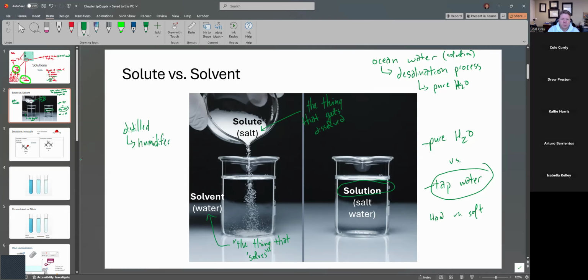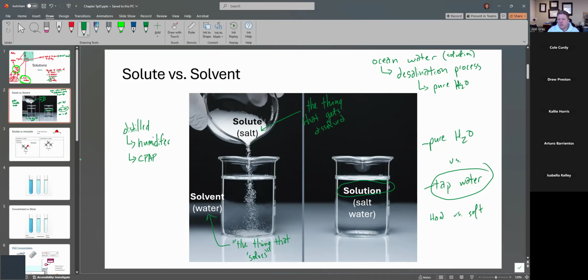I have a little kid, so we have a humidifier that goes next to his crib just so that he doesn't get too congested. A humidifier, and then some people have a continuous pressure device, a CPAP machine. And distilled water is going to be great for those because these devices, the humidifier and CPAP machine, are making water vapor from the water that you supply.